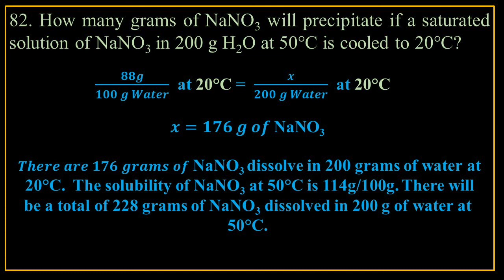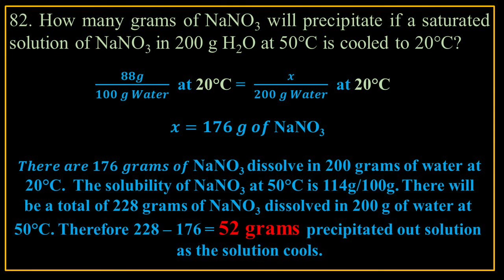The solubility of sodium nitrate at 50 degrees Celsius is 114 per 100 grams. There will be a total of 228 grams of sodium nitrate dissolved in 200 grams of water at 50 degrees Celsius. Therefore, 228 minus 176 is 52 grams precipitated out of solution as the solution cools.